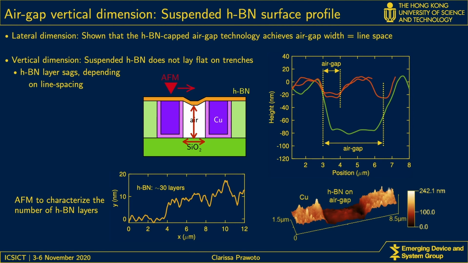As we can see, the amount of sagging depends on the air gap size. However, this is relatively small, only a few tenths of a nanometer compared to the total metal thickness of 1 or 2 micrometers. Therefore, the reduction in air gap volume as well as the increase in intra-layer capacitance is insignificant.